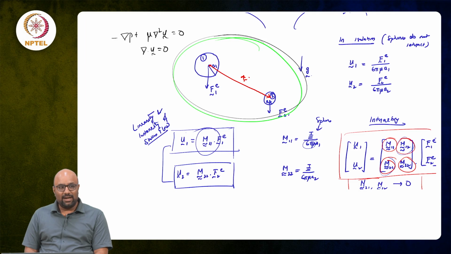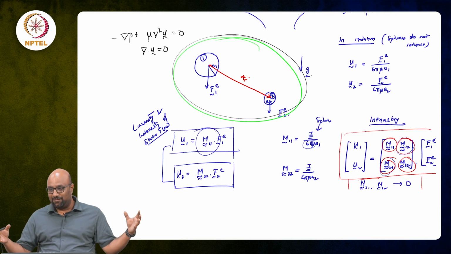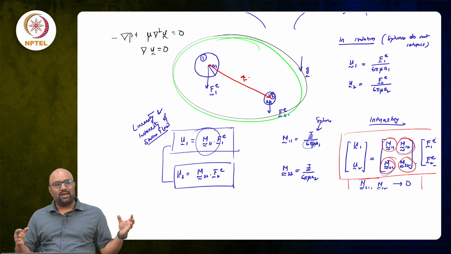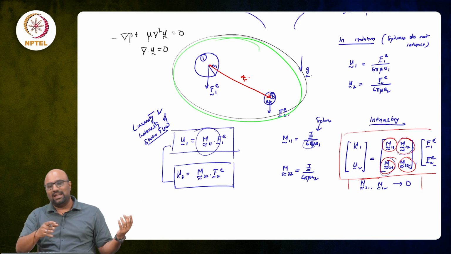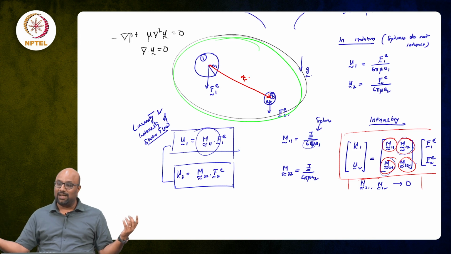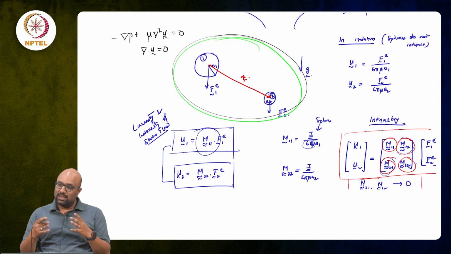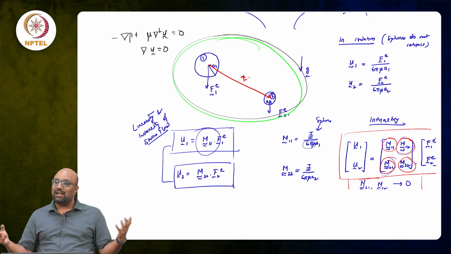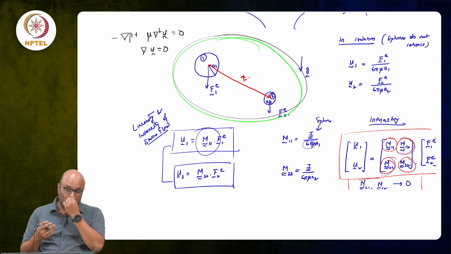This makes sense only when the separation is large enough. The entire point is that once they are far enough apart, you have solutions where there is a decaying part that goes as a certain power of r, and then there are other pieces which decay faster than that. So you are doing this for sufficiently large separation. Once the objects are close, this kind of dissection is not helpful.